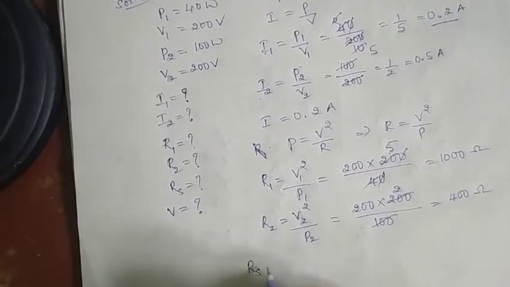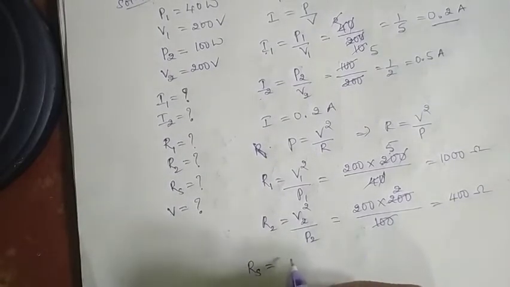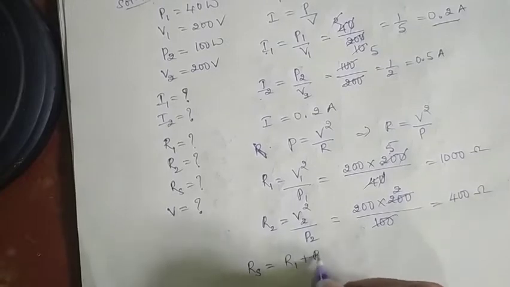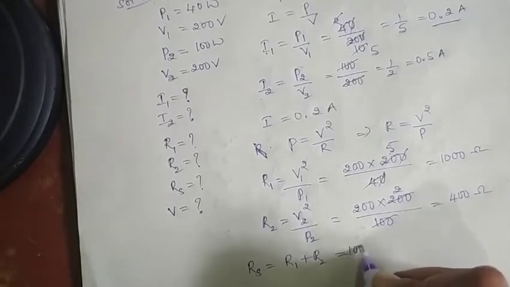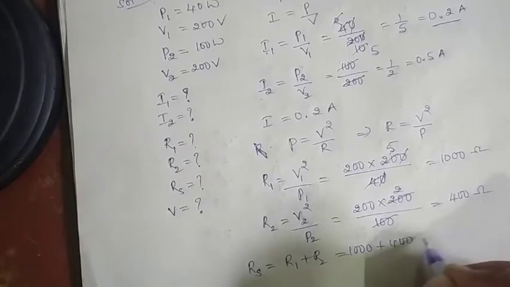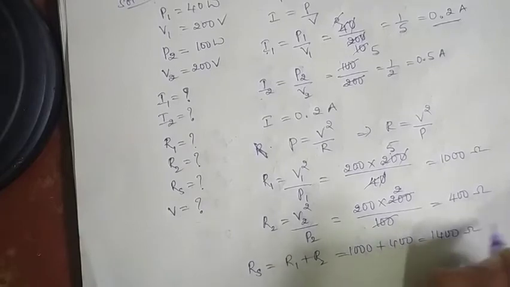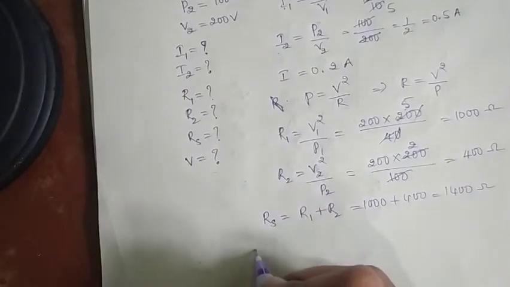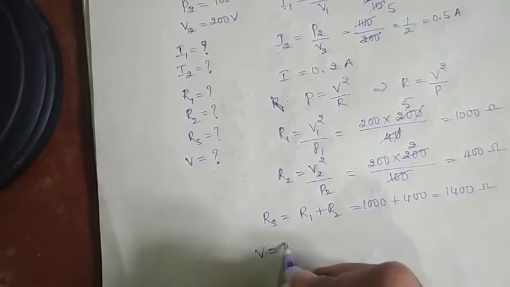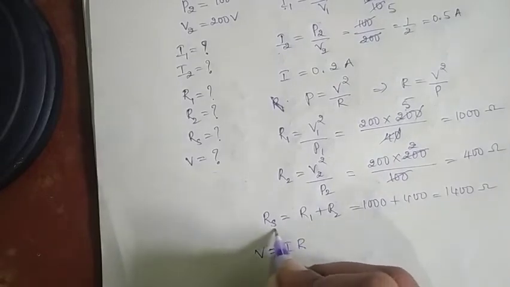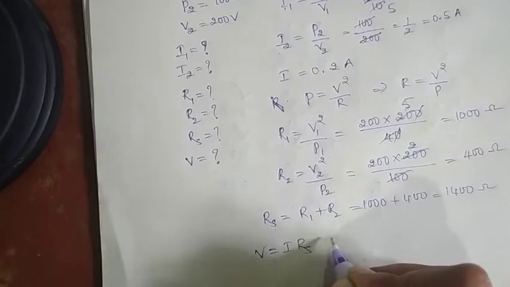Resistance of both we can add for series combination of resistors. RS will be equal to R1 plus R2. That will be equal to 1000 plus 400, which is 1400 ohm. Now, we know that by Ohm's law V equals I into R, and in series combination of resistance, I into RS.